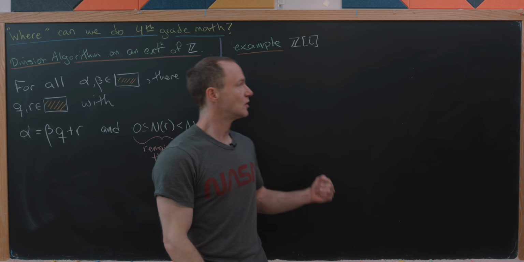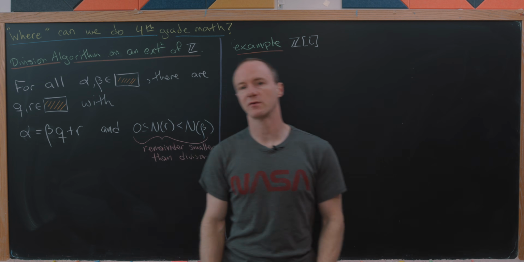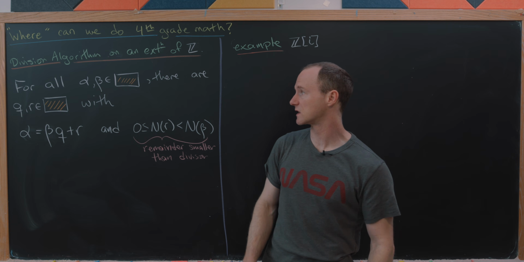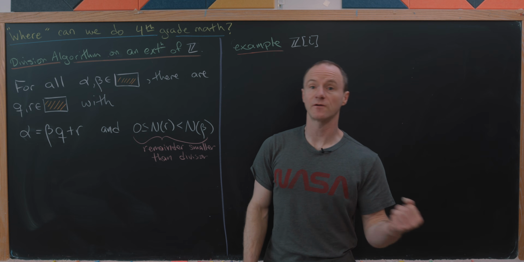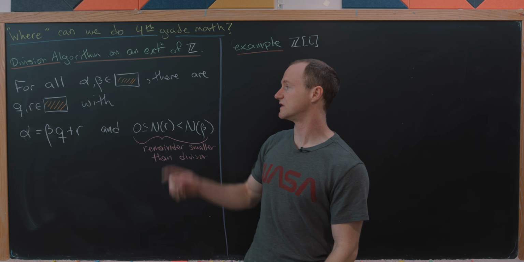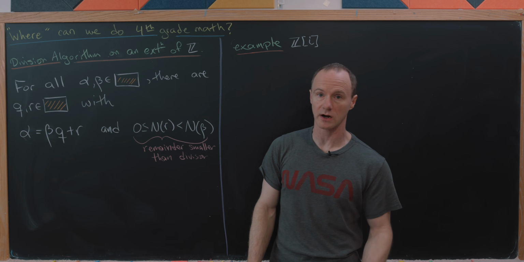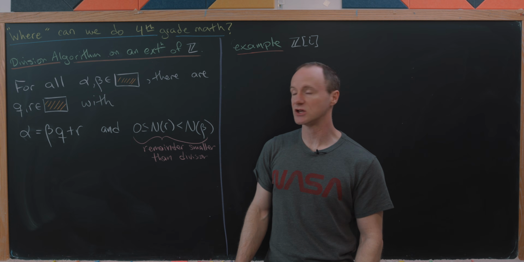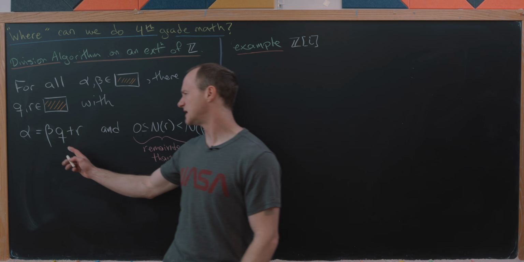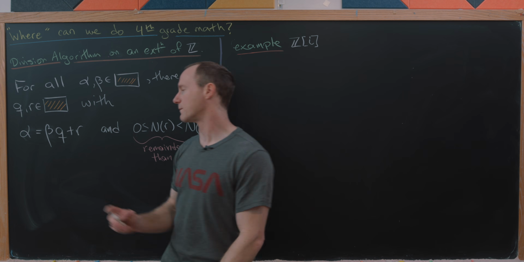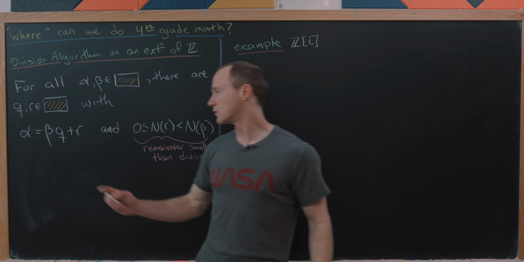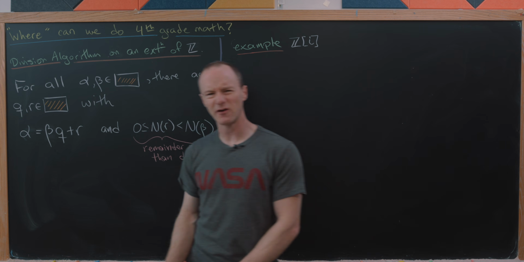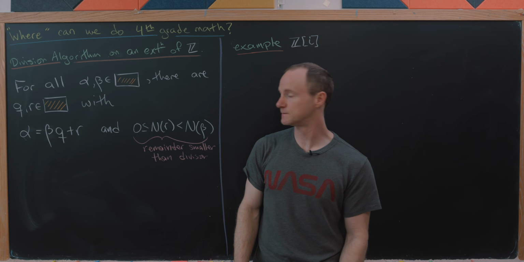So perhaps one of the ones that we had on the board over here before, or a new one that we'll look at later. Okay, so for all alpha, beta in an extension, there should be a q and an r in an extension, where alpha is equal to beta q plus r. So that means that the quotient is q and the remainder is r. And so the divisor is beta, and alpha is sometimes called the dividend.